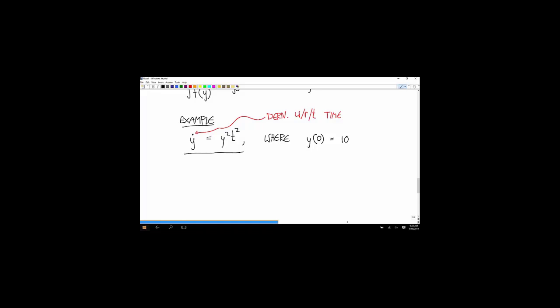Okay, so I'm going to rewrite this as dy/dt is equal to y squared t squared. And so y to the negative second dy is equal to t squared dt.